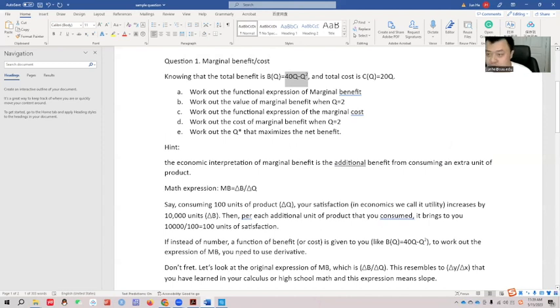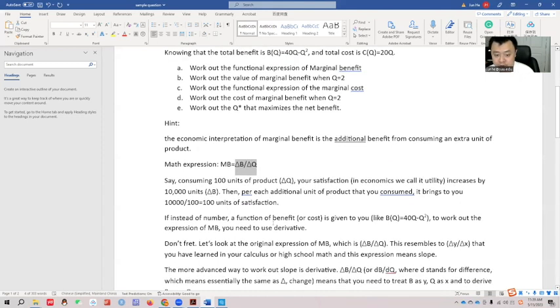We should use the derivative. So please don't be afraid. The derivative concept here is basically what we are doing as delta B over delta Q. Looking at this, what does it remind you of? It looks like delta Y over delta X, isn't it?